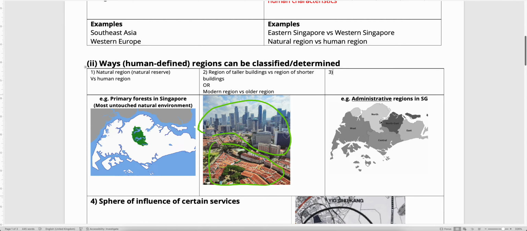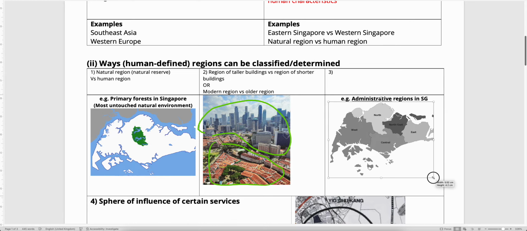You can see that Singapore has an initiative based on how we govern, how we look after the place. Which group looks after which area. So Singapore is actually broken into 5 regions. There's the North, West, Central, although the Central is quite south, but they call it Central, North-East, and East region. So how do you think they break these regions? How do they group them?